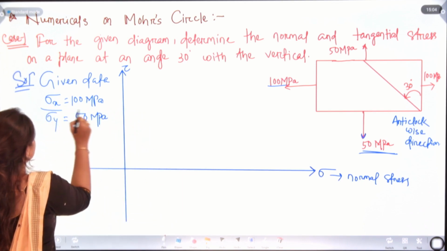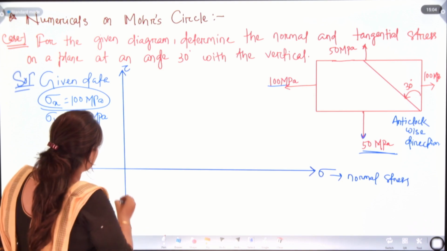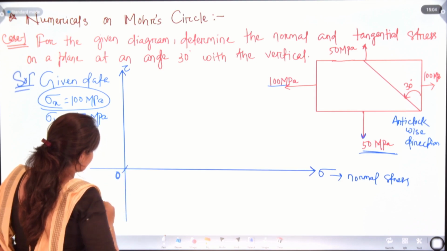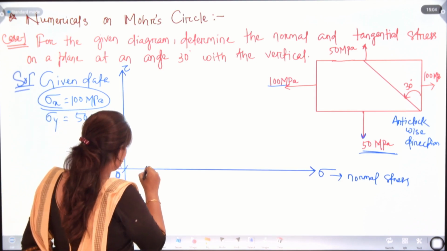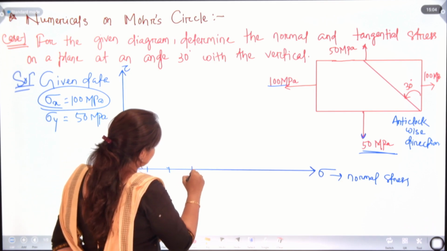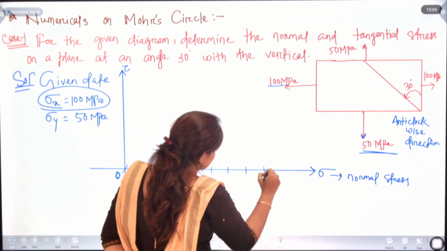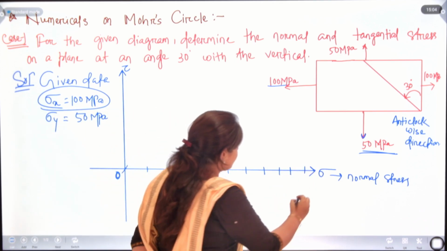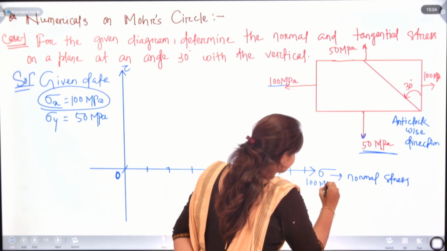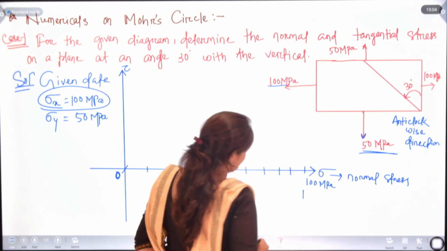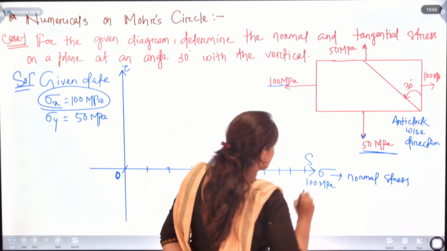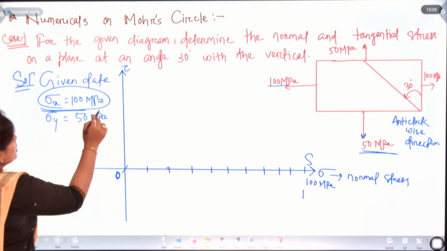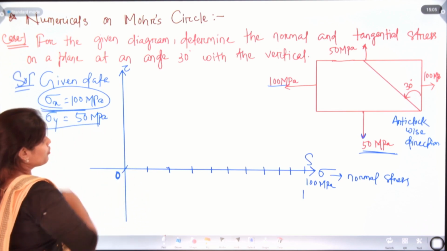We need to find out this 100 megapascal. So, here we have O, or name it as O. Okay. So, we will have 10 scales, that is 1, 2, 3, 4, 5, 6, 7, 8, 9, 10. Here we can take 100 megapascal. Let us name it as S. Right. So, another one is, we have already done 100 megapascal. Next one is 50 megapascal.